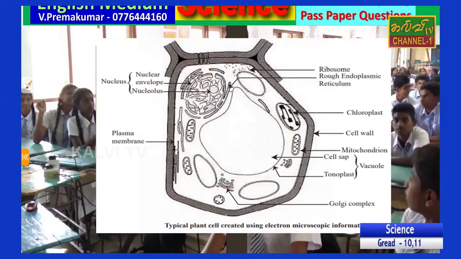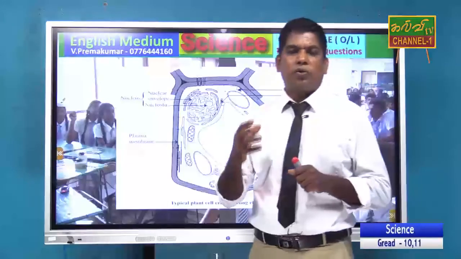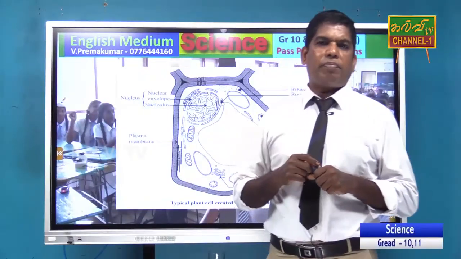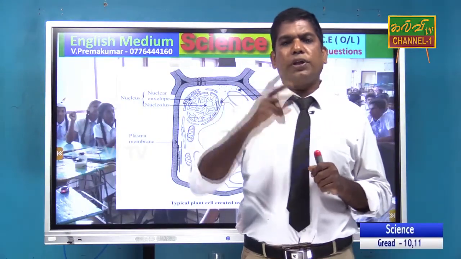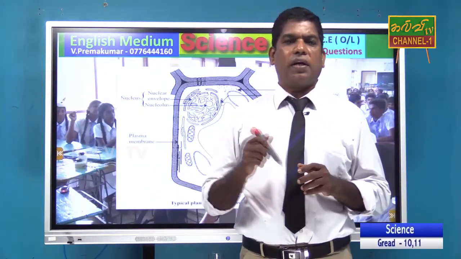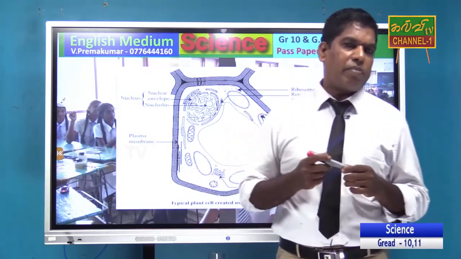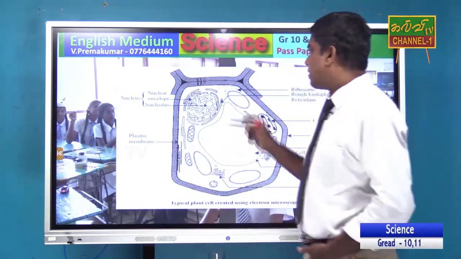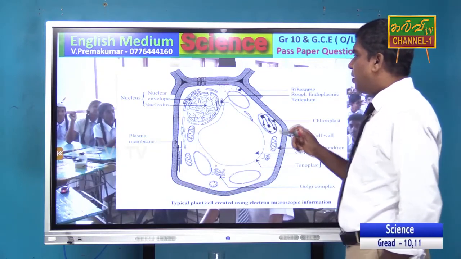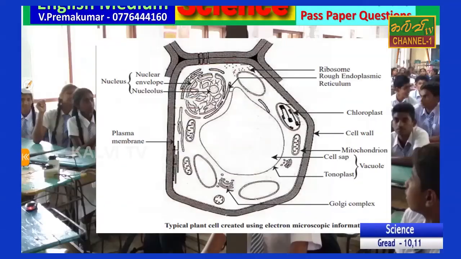Okay. The next past paper questions are about cell biology. This question also comes from the 2018 paper. There are 2 questions in this cell biology subject. This is explained as a cell, a plant cell.